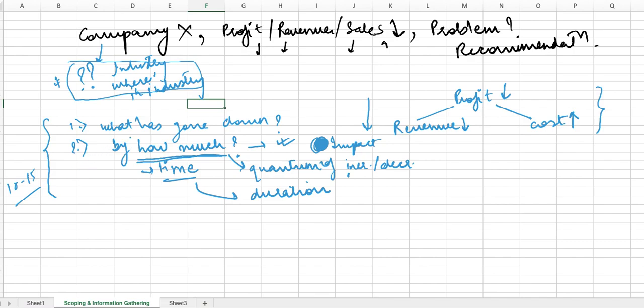Okay, and you need not write all of this on paper. In the beginning you might be writing all of this on paper, but later these things will just be in your mind: what has gone down, by how much, over what duration. Okay, so this will basically help you in scoping the problem.